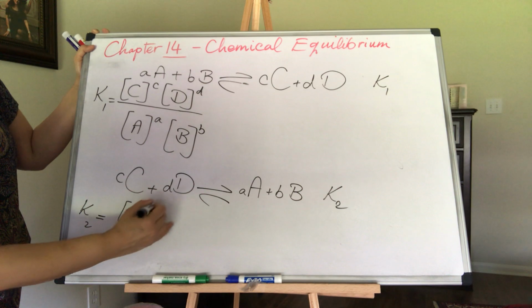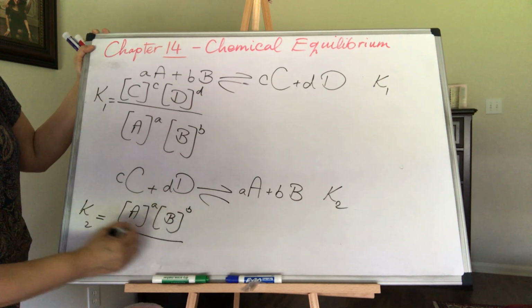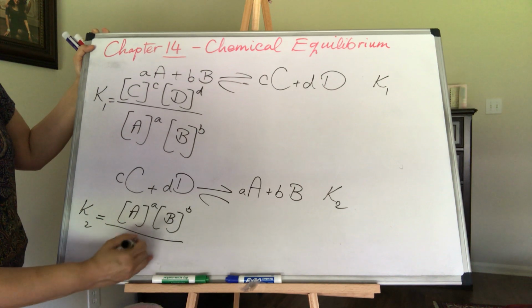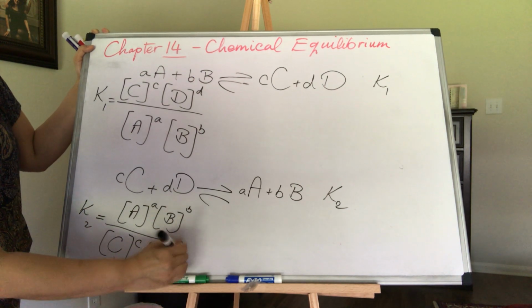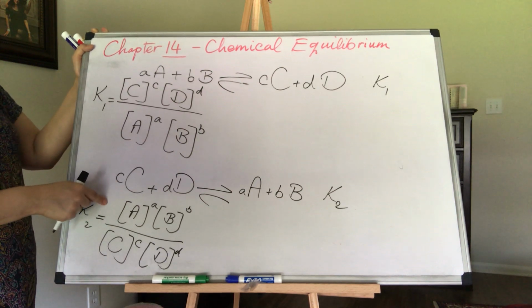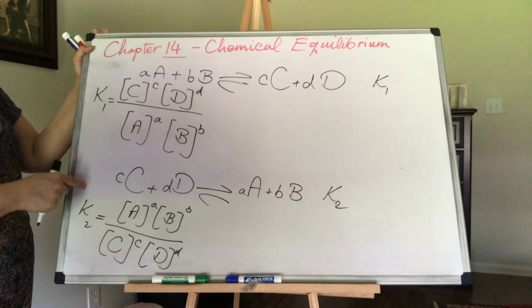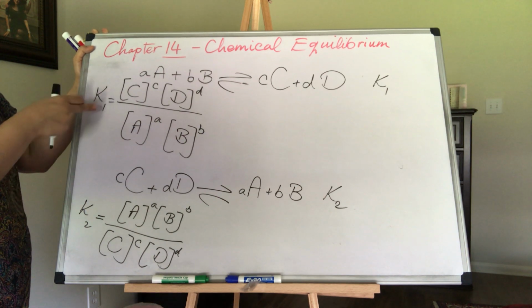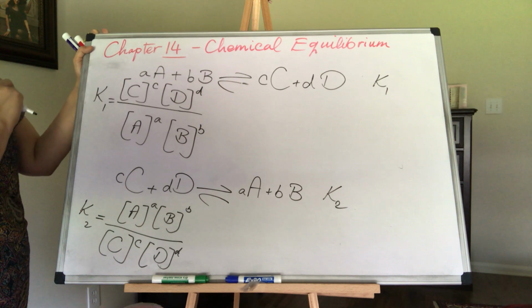It's A, B, C, and D. So look at K1 and K2. Isn't K2 the inverse of K1? Doesn't it look like you have flipped it?